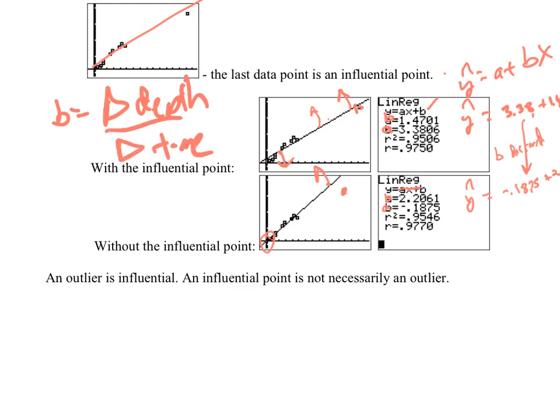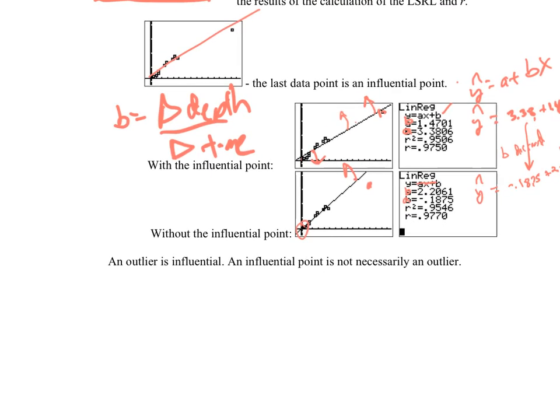So you have to write it in context that when I removed the influential point, the slope got steeper, which meant more depth was changed per unit of time. It meant that the diver would have been going up to the surface faster than he was originally.